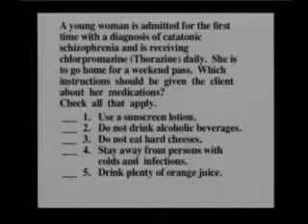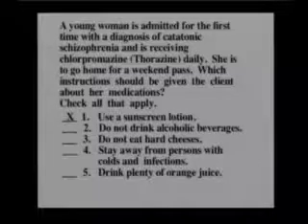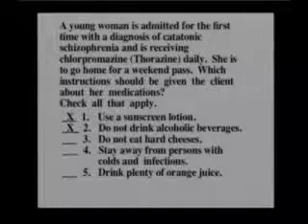So, should the patient use a sunscreen lotion? Yes, she has photosensitivity. Should the patient avoid alcoholic beverages? Yes, anytime you give the central nervous system drugs, you should avoid alcohol. Is it necessary to avoid hard cheeses? No, that would be appropriate for the MAOI.